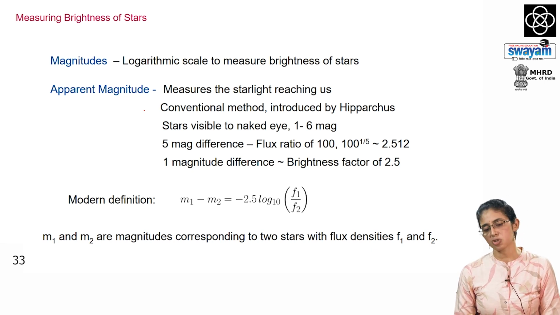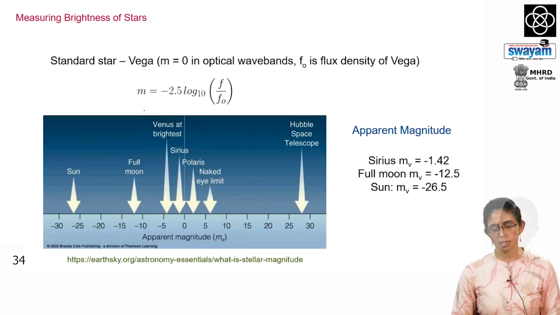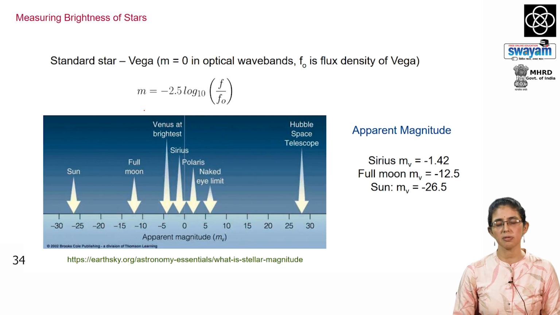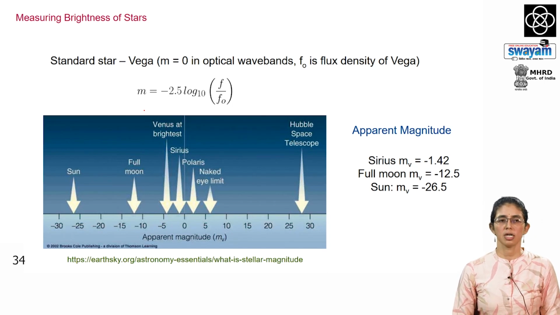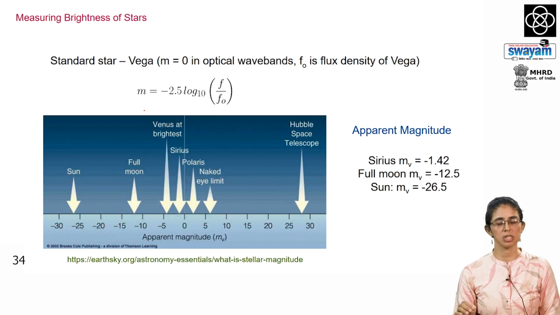If one uses telescopes or other optical aids, then one can measure the magnitudes of even fainter stars. The earlier definition of a magnitude was a relative definition, where if you know the fluxes of two stars, then one can get a magnitude difference between the two stars. But a more rigorous definition would allow us to define a star with a certain magnitude equal to 0.